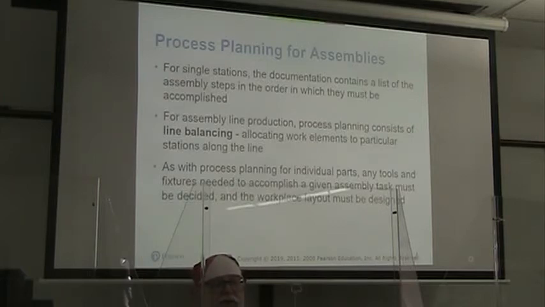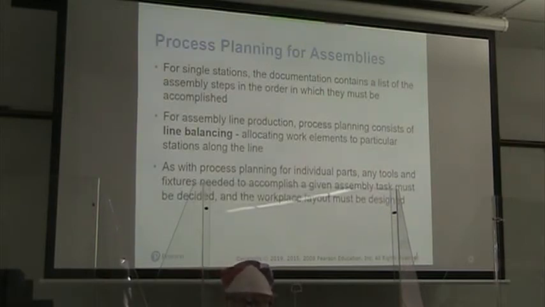So for assembly line production, our process planning consists of line balancing, making sure that our work elements are allocated to the different stations along the line so that everyone has a more or less equal amount of work.